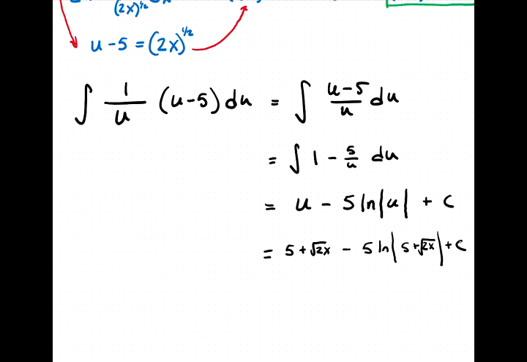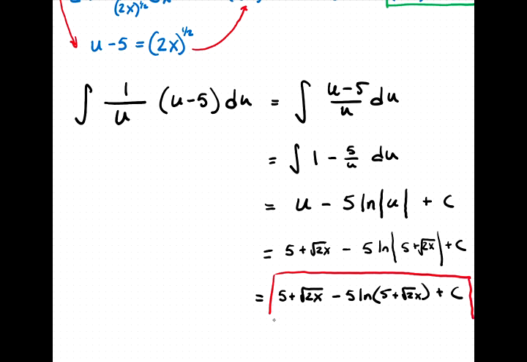The smallest it could be is 0, so it's either 0 or positive. You're taking the number 5, a positive number, plus something that's either 0 or positive, so inside the absolute value bars is always going to be positive, and we could drop them. In this case, they're not necessary. So 5 plus the square root of 2x minus 5 times the natural log of 5 plus the square root of 2x, plus c. And that looks like it does it for this particular problem.